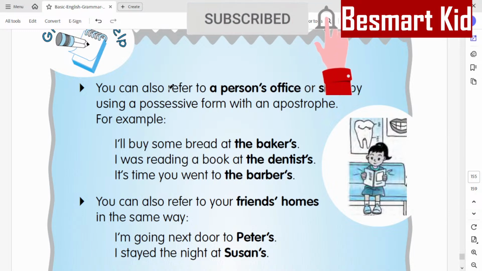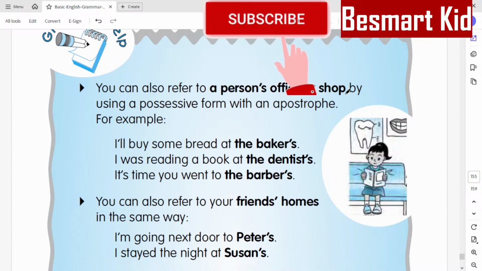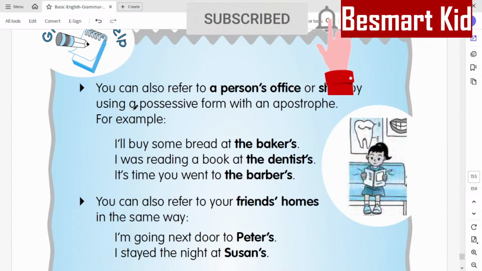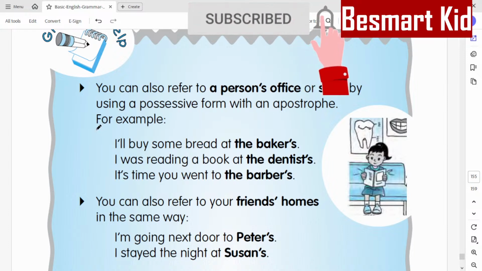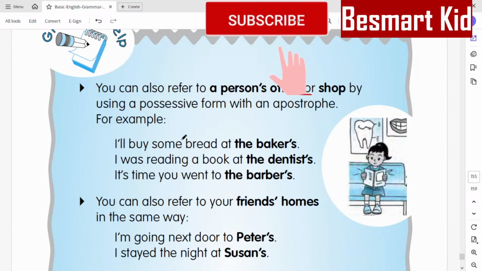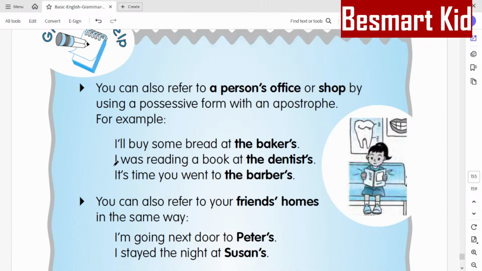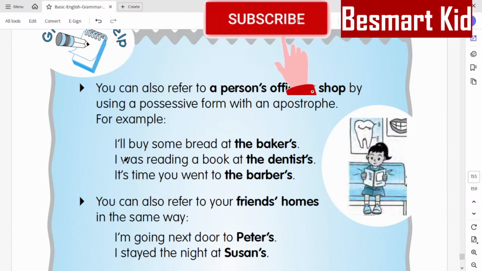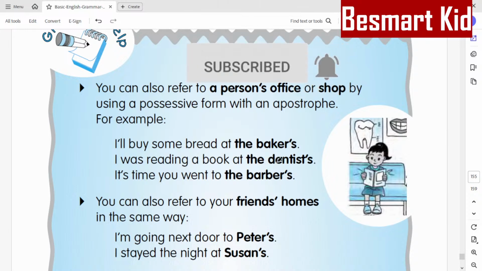You can also refer to a person's office or shop by using a possessive form with an apostrophe. For example, I'll buy some bread at the baker's. I was reading a book at the dentist's.